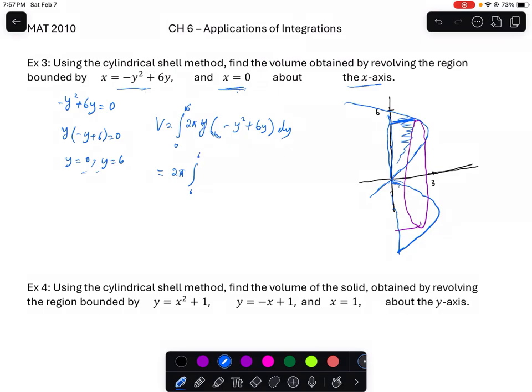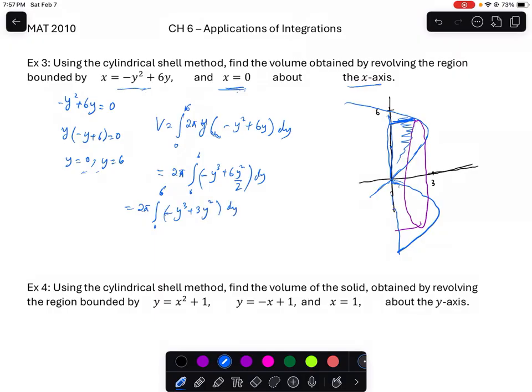So I get negative y cube plus 6y square over 2 dy, which gives me 2 pi, negative y cube plus 3y squared dy.